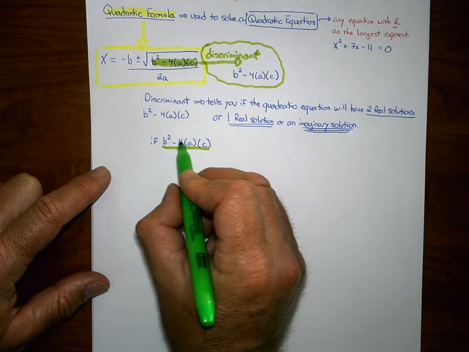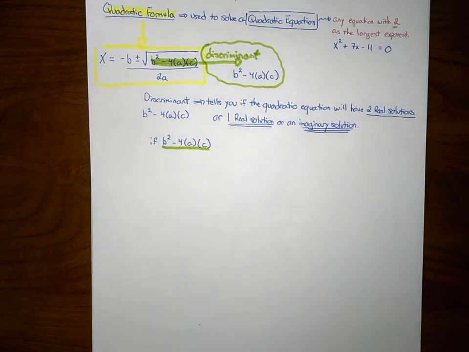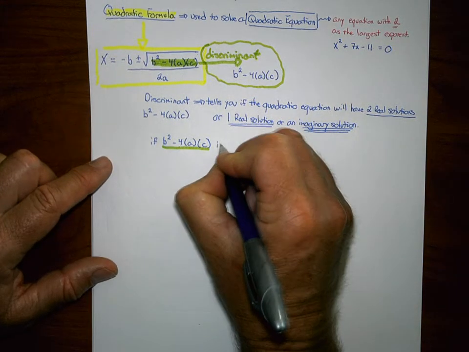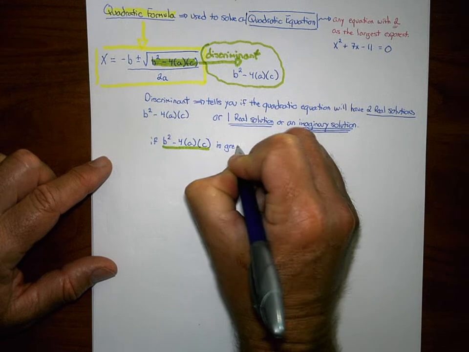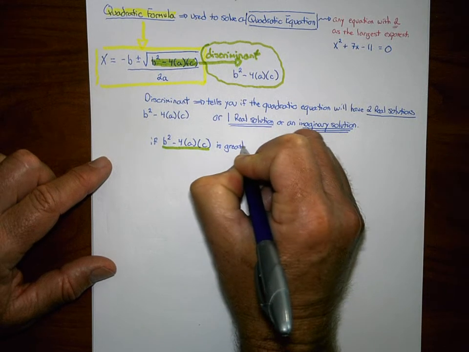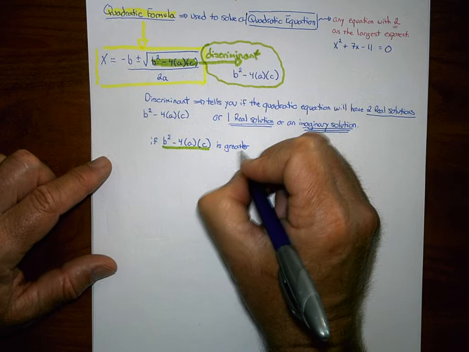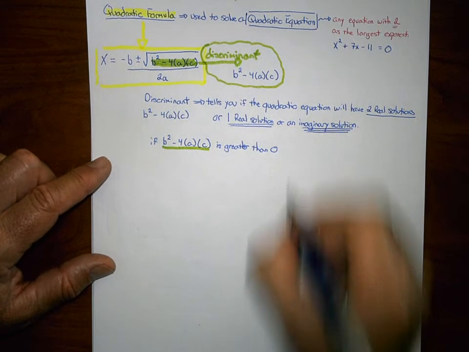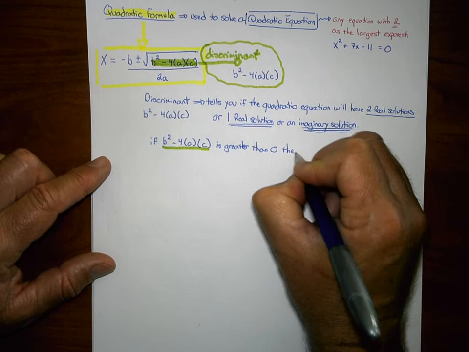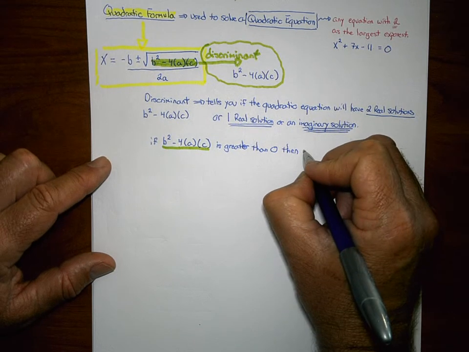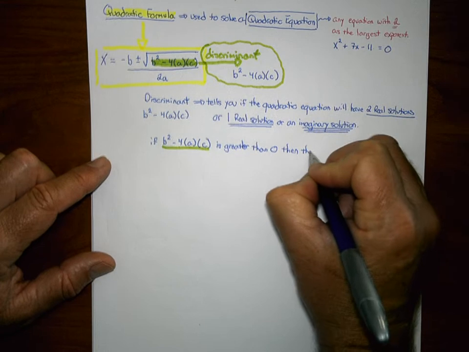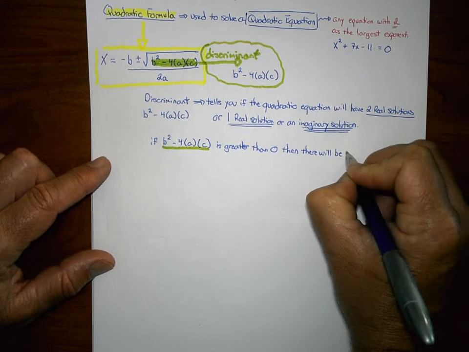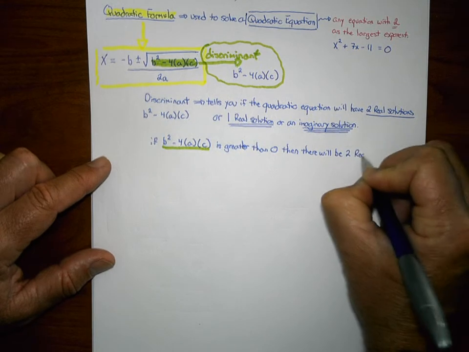So if the discriminant, b squared minus 4ac, is greater than 0, then there will be two real solutions.